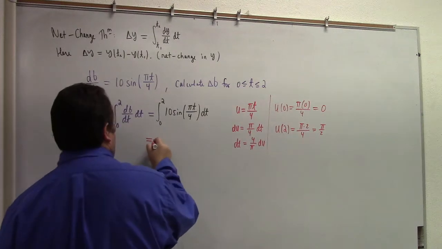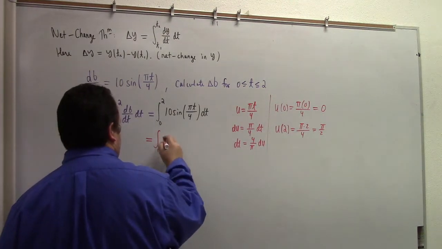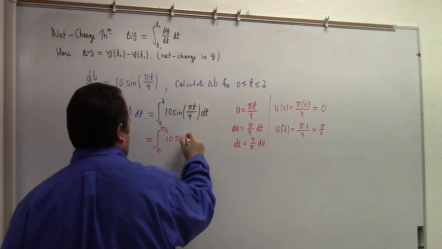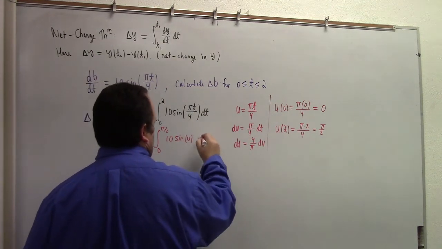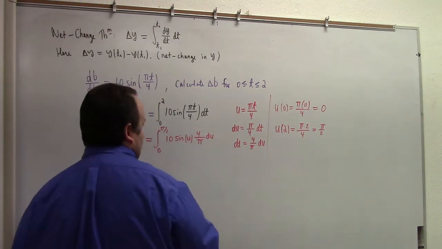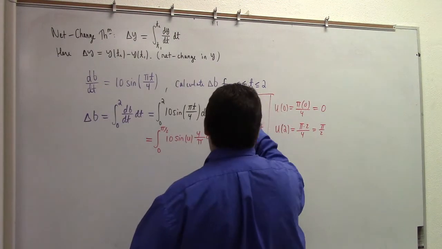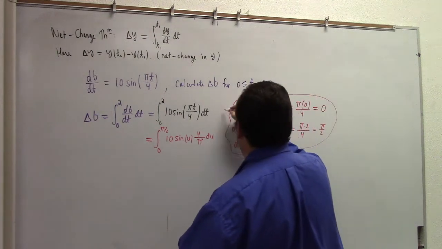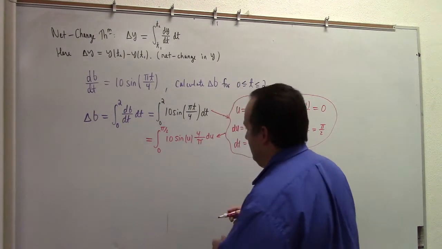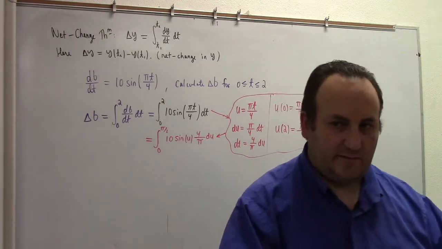So when we change the variables, we get the integral from 0 to pi over 2 of 10 sine of u times 4 over pi du. That's my u substitution: change the integrand, change the measure, change the bounds.